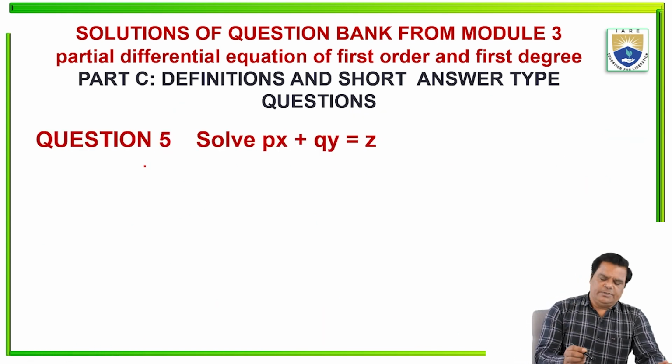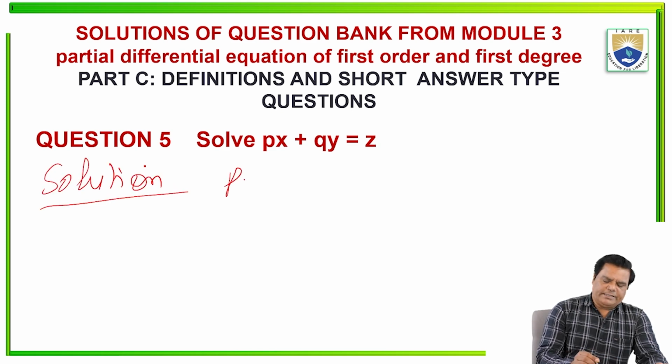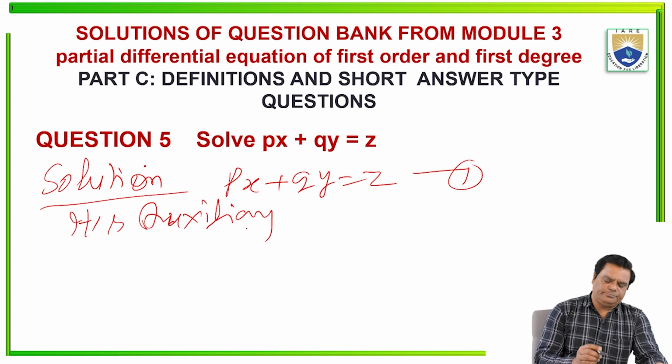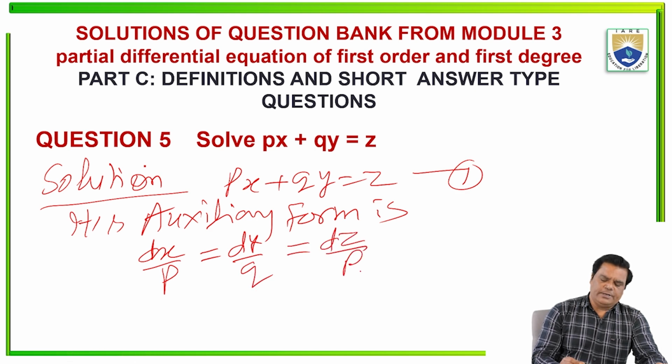Next problem. Solution: px plus qy equal to z. This is equation 1. Its auxiliary form is dx upon p equal to dy upon q equal to dz upon r.